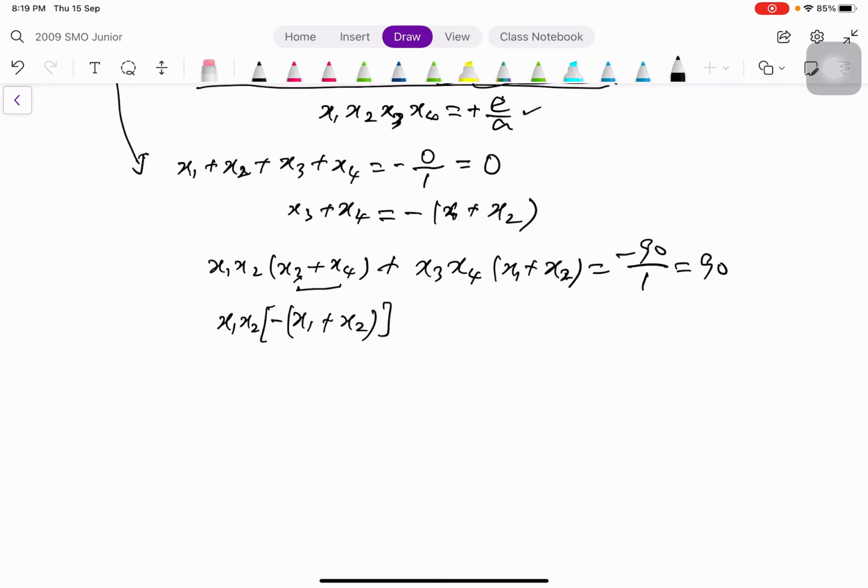Therefore, x1 plus x2 is a common factor. It is given that x1 times x2 is 49.